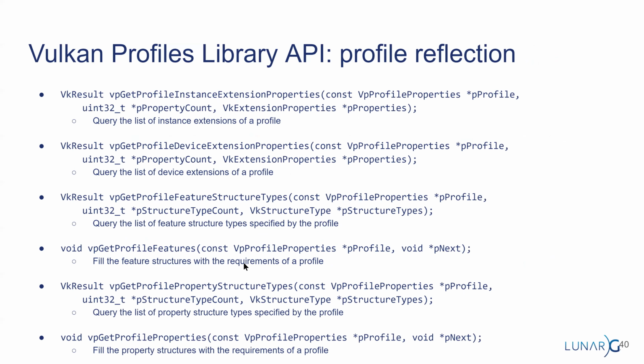Then we have plenty of reflection APIs to list the instance extensions, to list the device extensions of a profile, to list the structure types that are specified in the profile. This could be pretty useful.